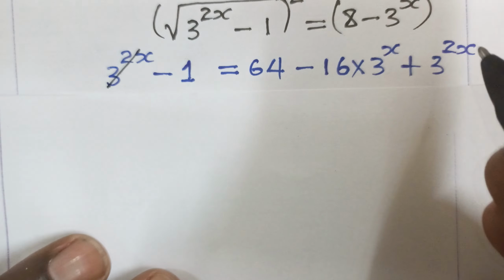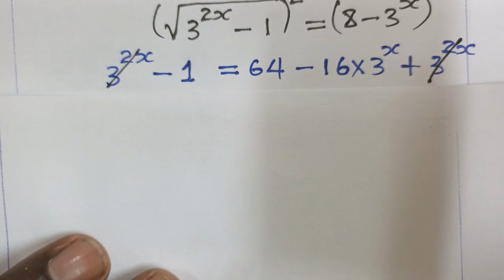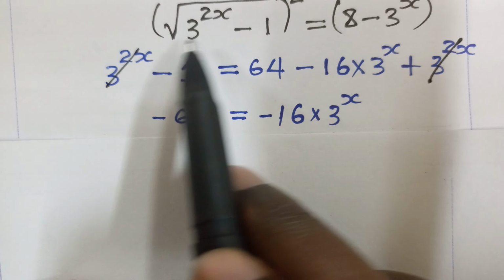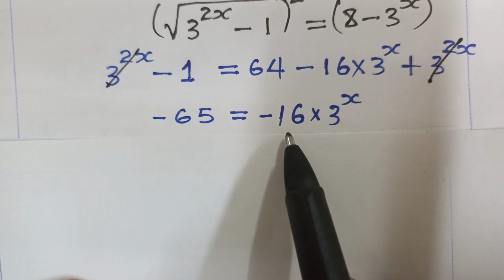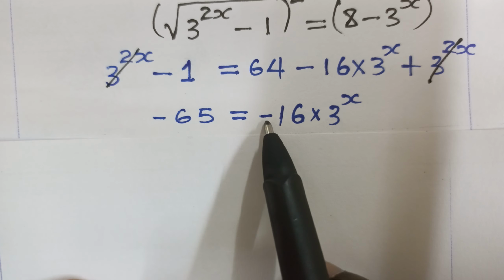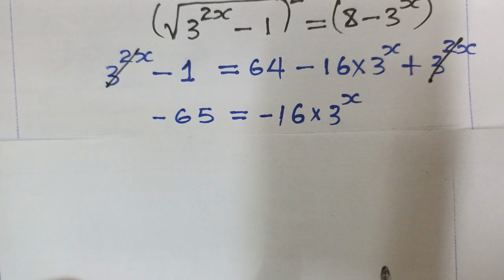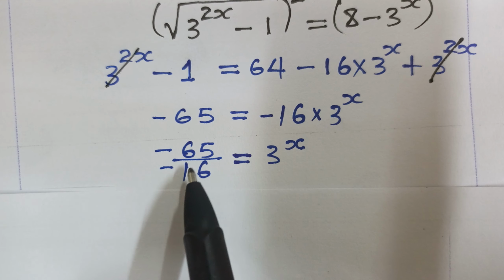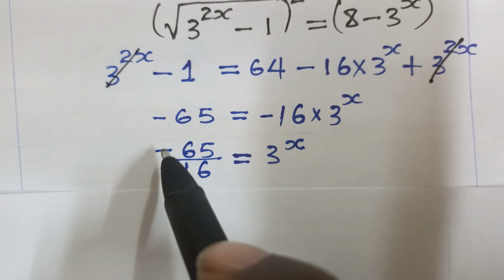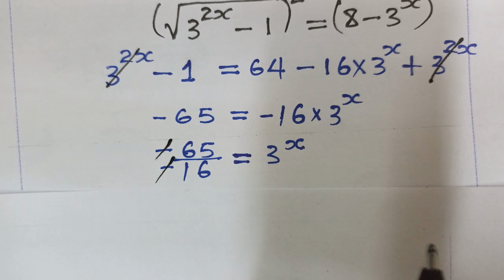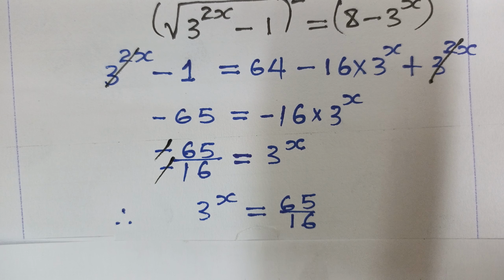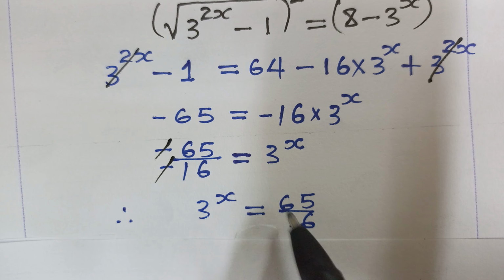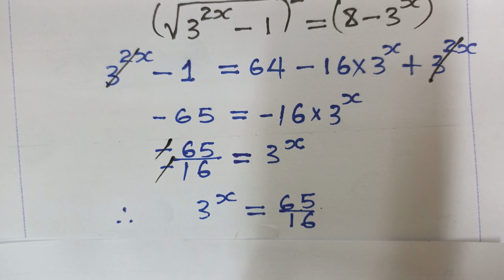Bringing this 64 to this side, you get negative 65 equals negative 16 multiplied by 3^x. Therefore 3^x is equal to negative 65 over 16, and we can cancel the negative, so 3^x equals 65 over 16.